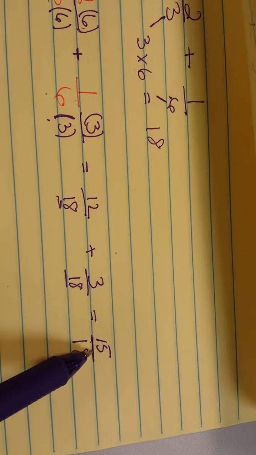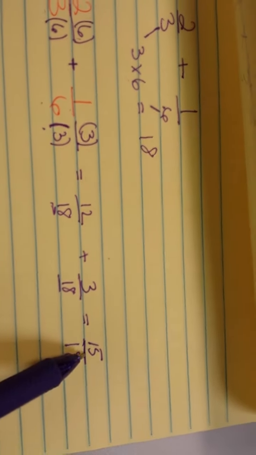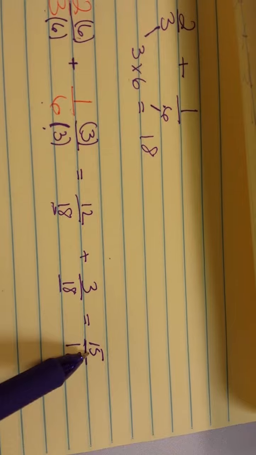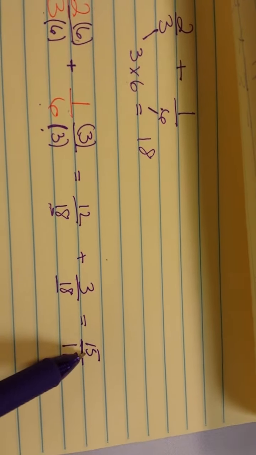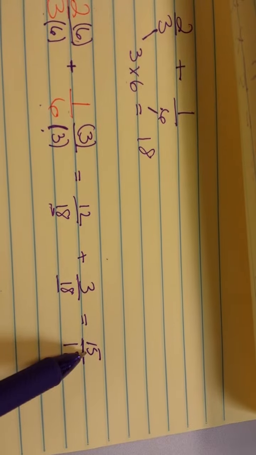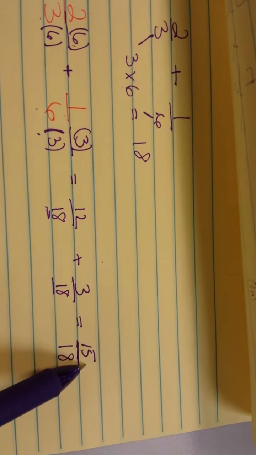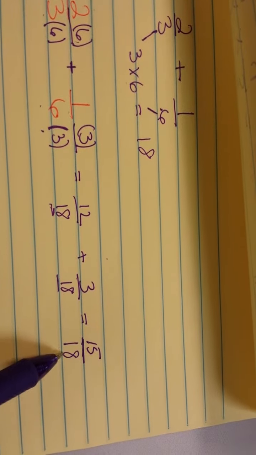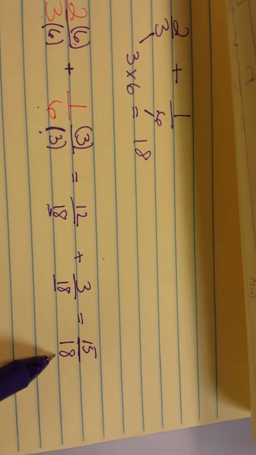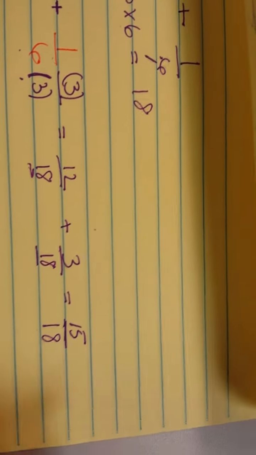So a way to know if it goes into 3 is if you can add 1 and 5 and get 6, and divide 6 by 3, then this top number is divisible by 3. If you can add these two numbers, and it's 1 plus 8 is 9, and 9 is divisible by 3, the whole fraction can divide by 3.